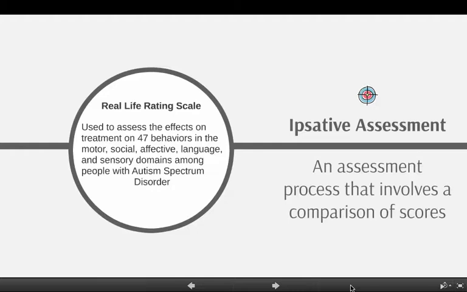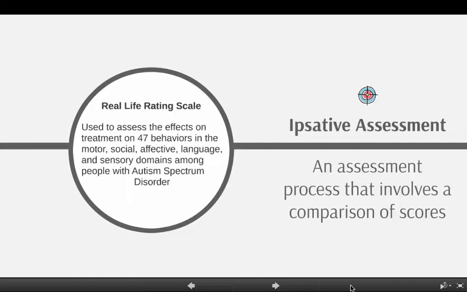This is an assessment used to assess the effects of treatment on 47 behaviors, falling into the category of motor skills, social skills, affective skills, language skills, and sensory domains, and it's used for children with autism spectrum disorder.